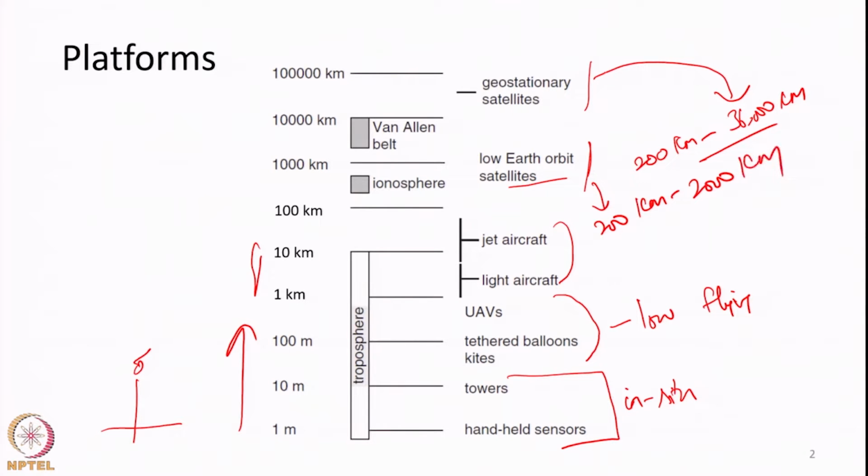And then we have geostationary satellites orbiting around 36,000 kilometers away from the earth. So, this slide tells us the distance from the target at which we collect the data can vary very widely, and each platform has its own application in remote sensing. That is what we are going to discuss.